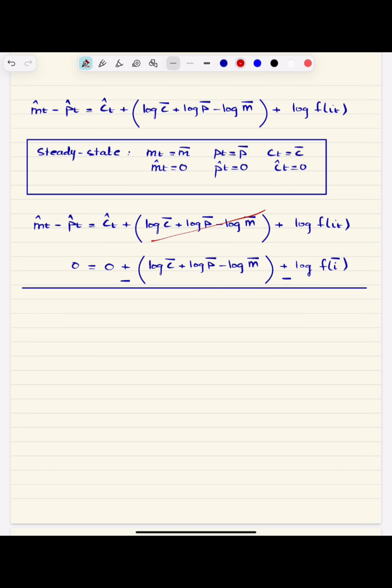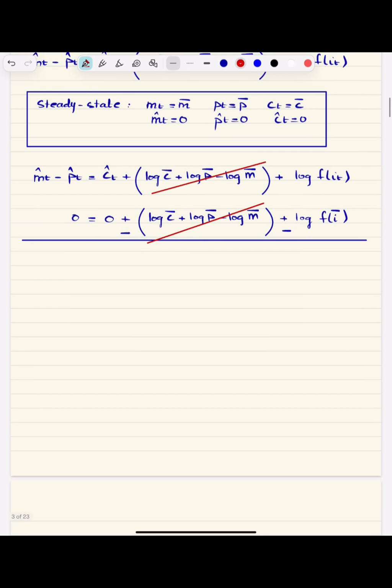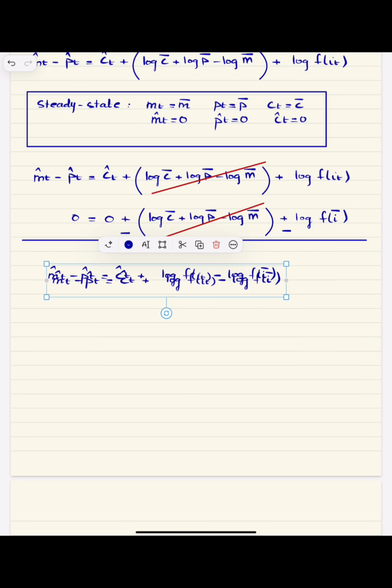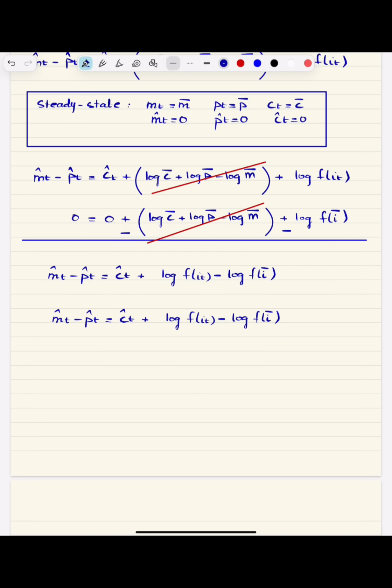All these constant values will disappear, and we'll be left with m hat t minus p hat t is equal to c hat t plus log f i t minus log f i bar.